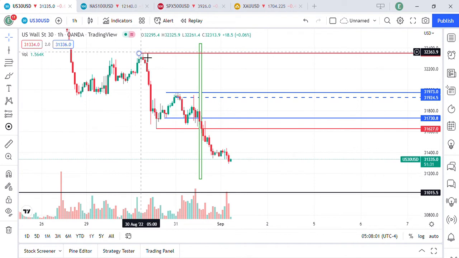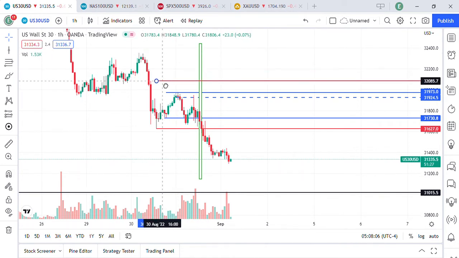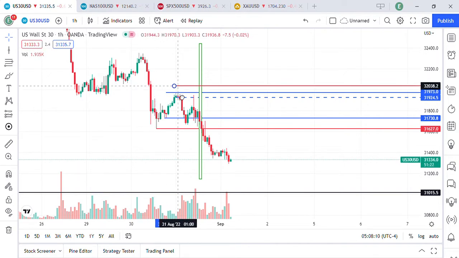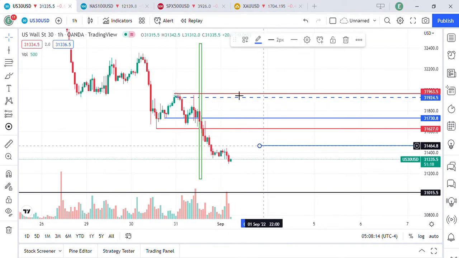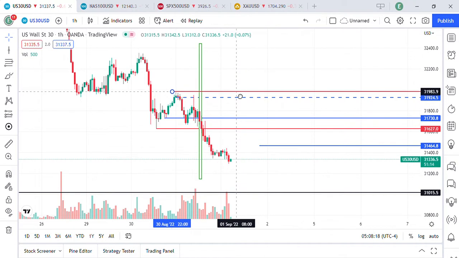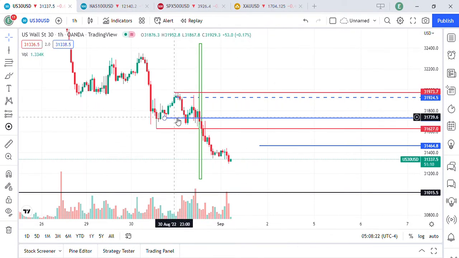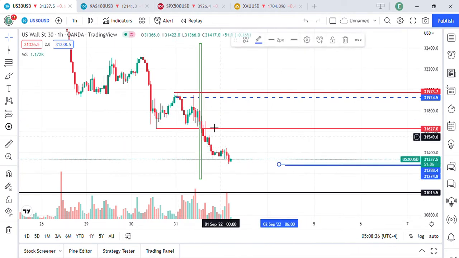Okay, so let's find yesterday's high. Yesterday was the 31st of August, so this is yesterday's high. I just use the red color on my horizontal lines to indicate yesterday's high and yesterday's low.